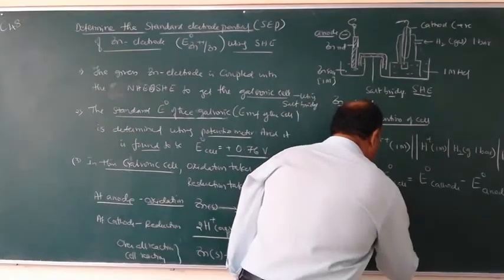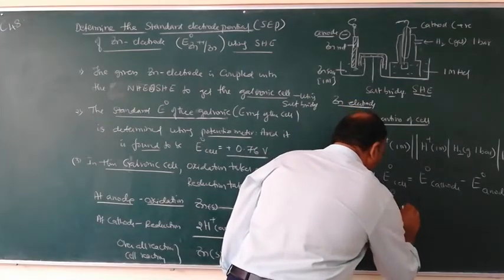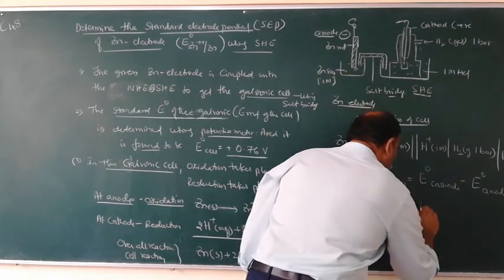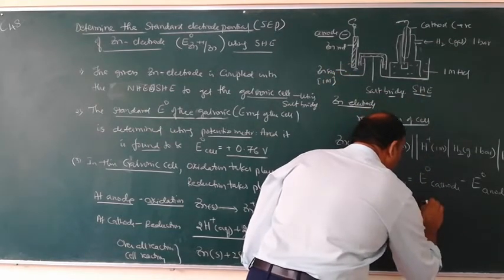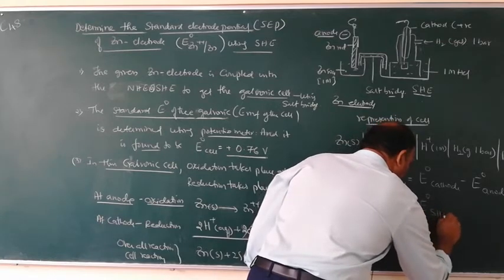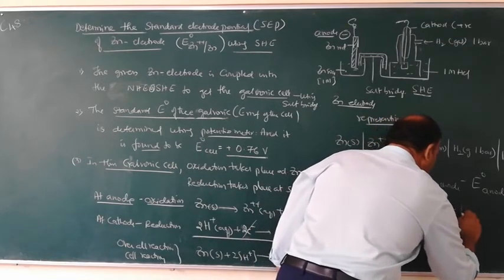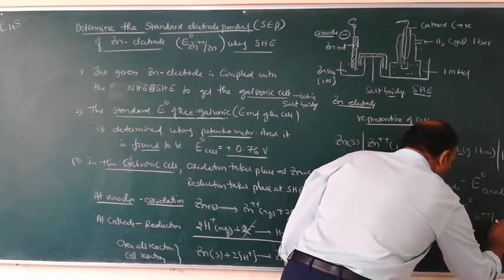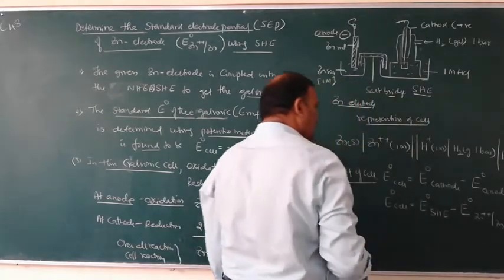So E0 of cell is equal to E0 of cathode, that means E0 of SHE, minus E0 of Zn|Zn2+, that is the zinc electrode.